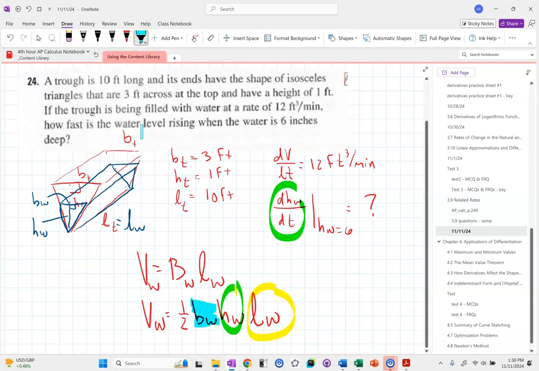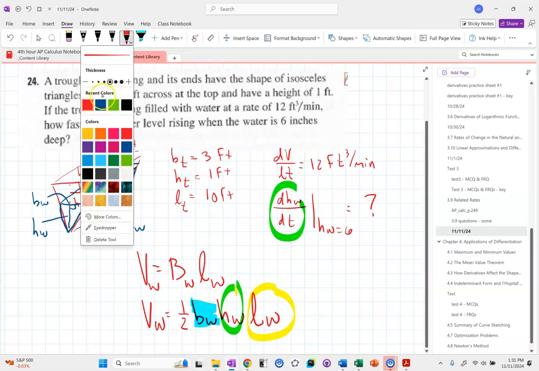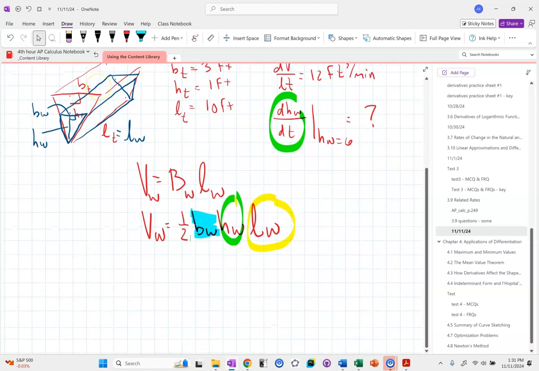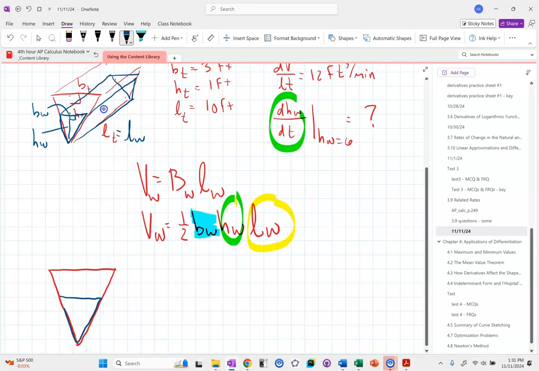I need to eliminate that from my formula because that's a variable, and if I differentiate right now, I'm going to have to do a product rule, and I'll get a dB/dt, and I don't have anything to do with that. So if I look at the base of that trough, I should see a pretty easy similar triangle situation, right?